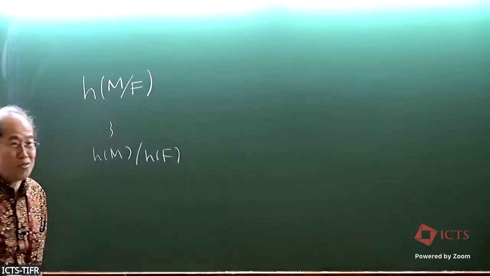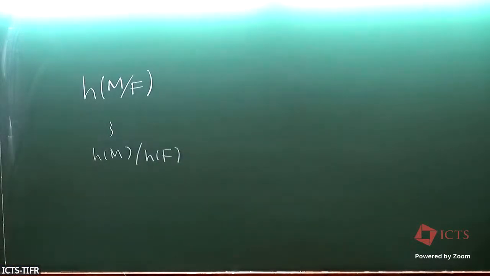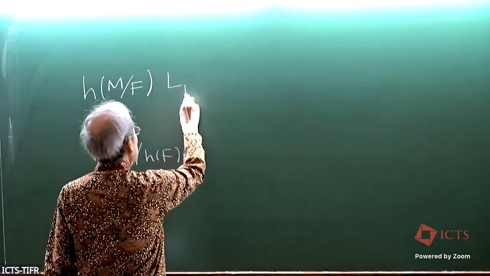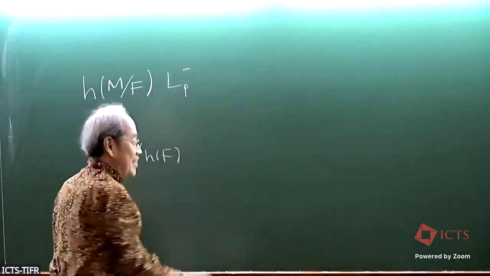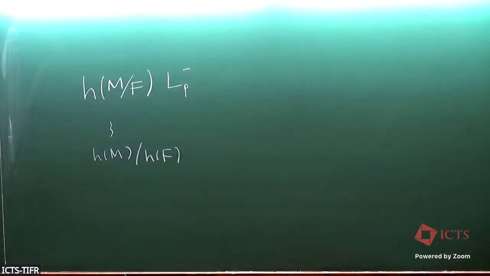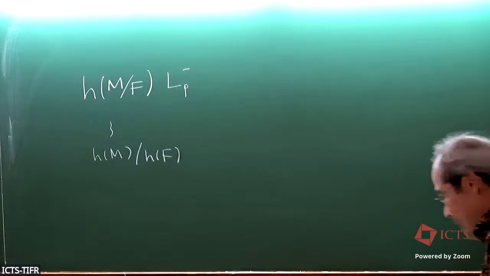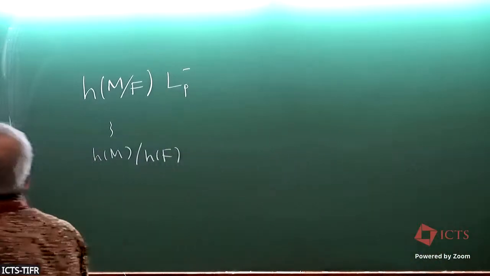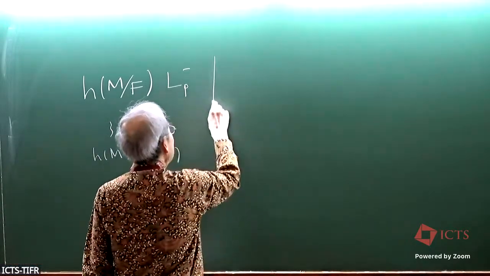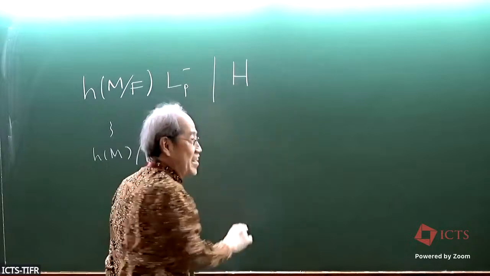Perhaps Jack used this notation. And that times the Katz p-adic L-function, the anticyclotomic part with branch character chi, the anticyclotomic character, divides the congruence power series H.